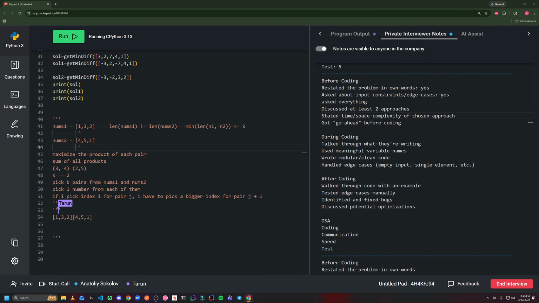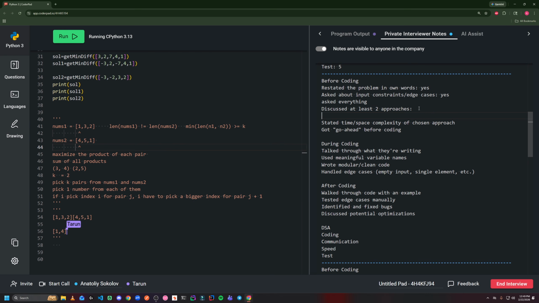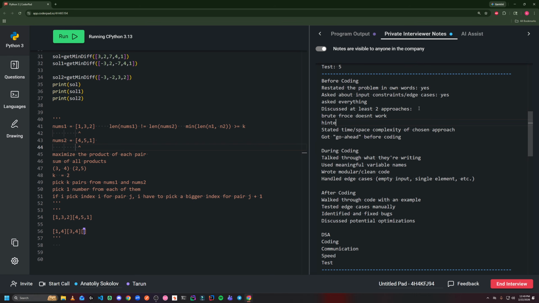So, for example, if we are at 1 and 4, if I consider two pointers, i and j, at every step I can skip this, or I can skip this, or I can consider the pair. So it's like 1 4, or 3 4, or just move to the next pointer, which is 3 5.